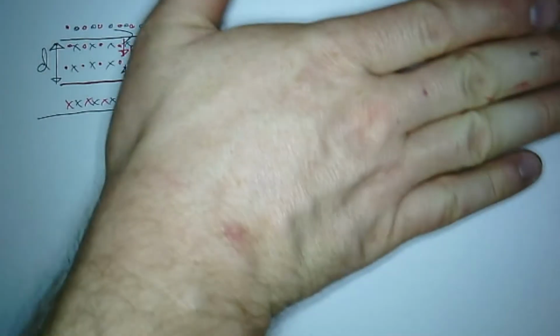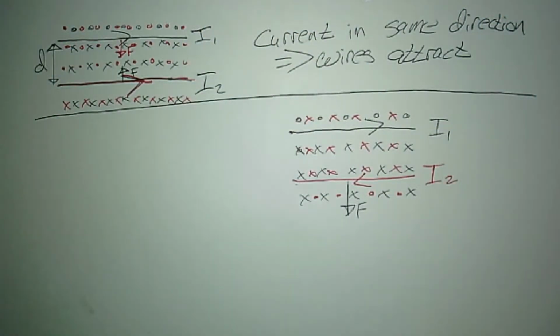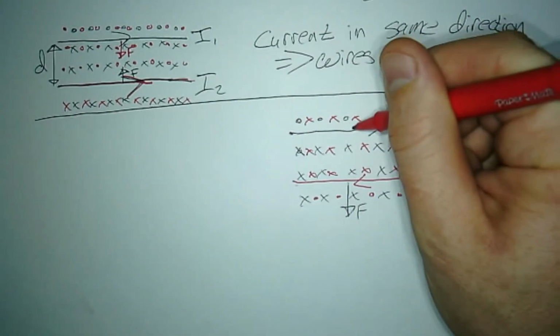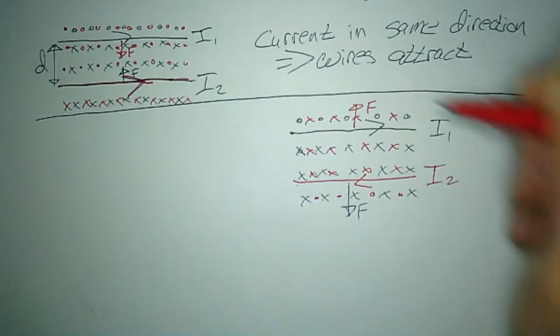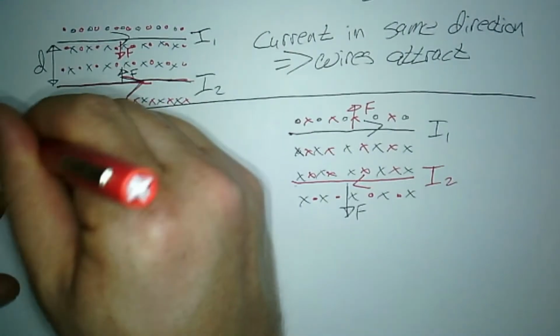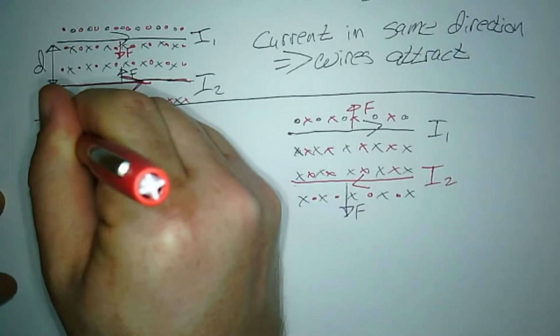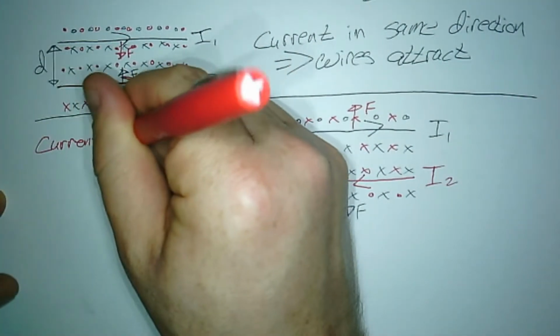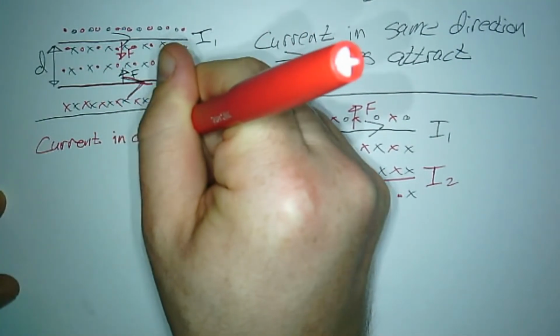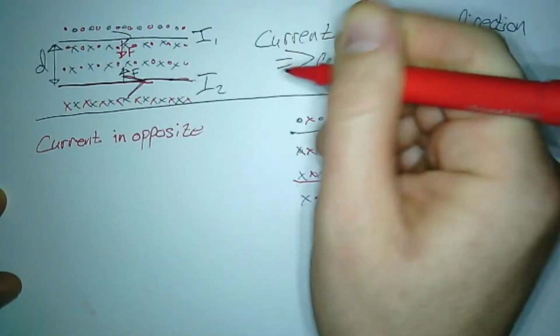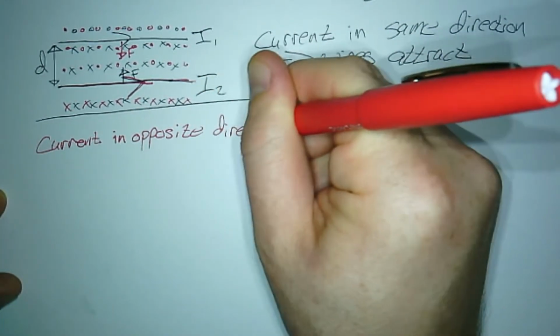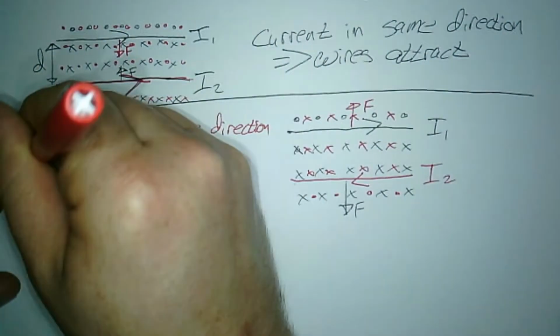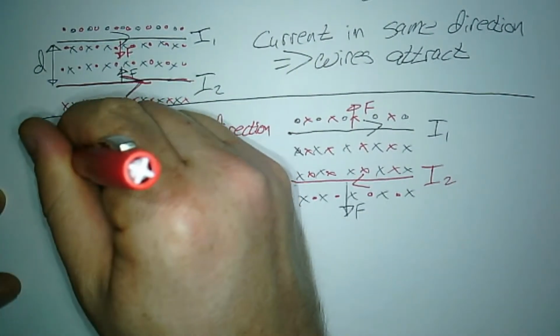So I'm going to have my hand like this, and my thumb points up. So we are going to get repulsive forces. So we'll say current in opposite direction, wires repel.